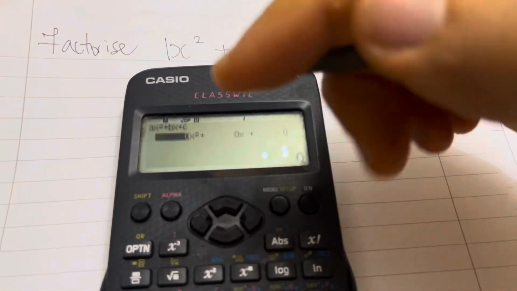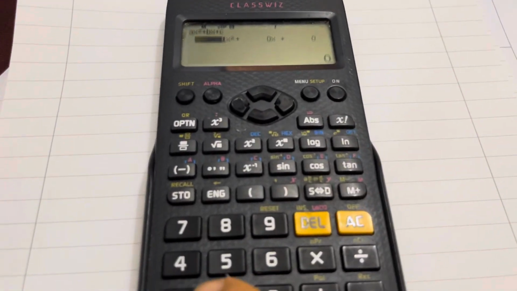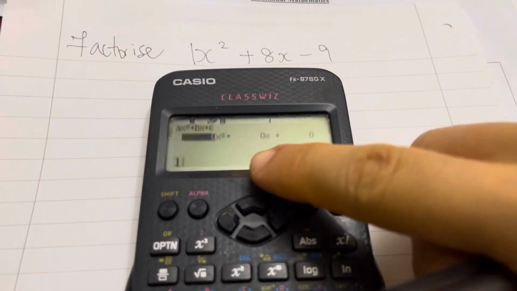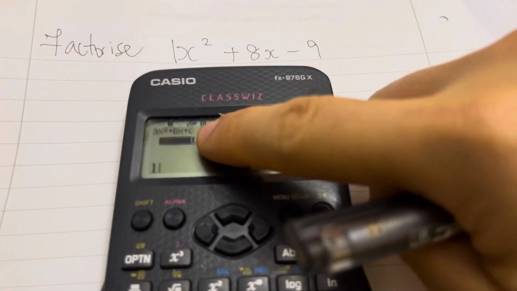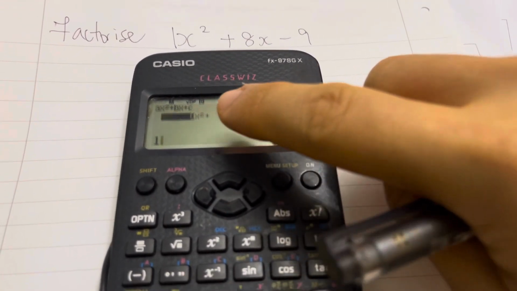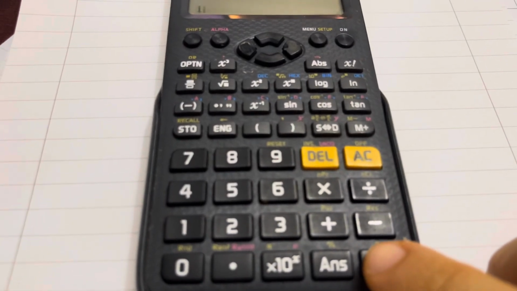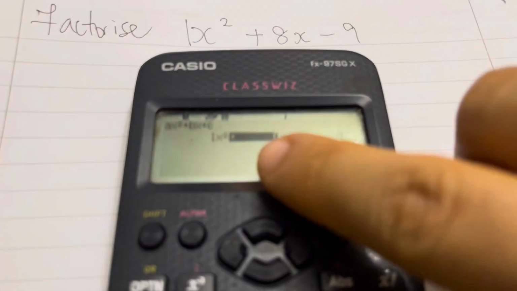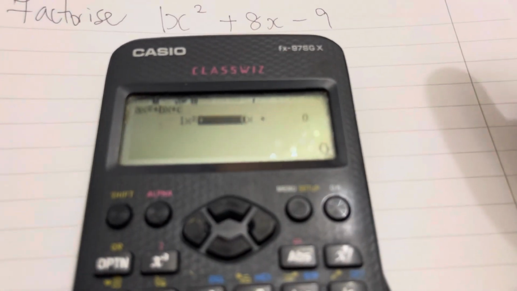You key in 1. When you key in 1, the number is not put inside yet by the calculator. You need to press this equal sign, then it will go inside.